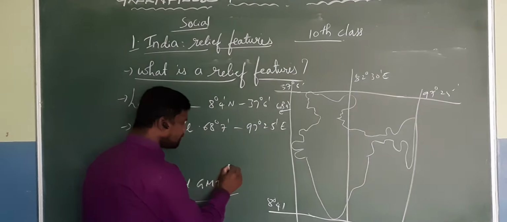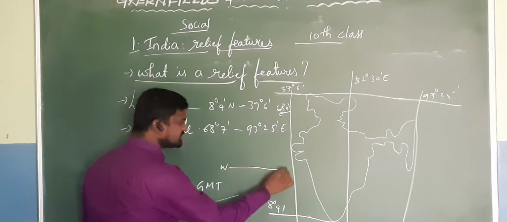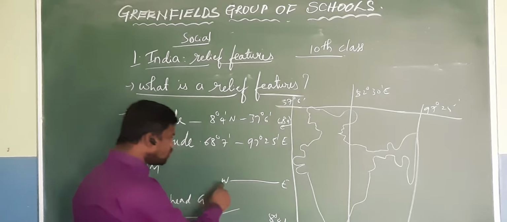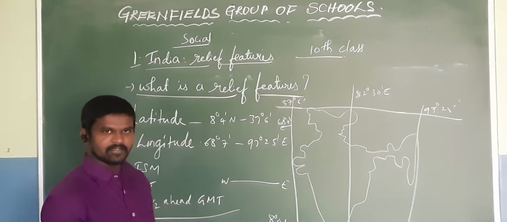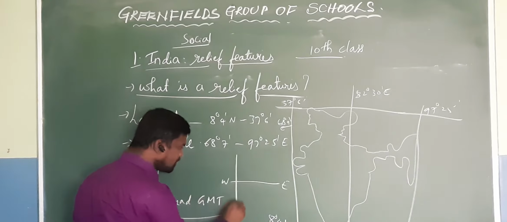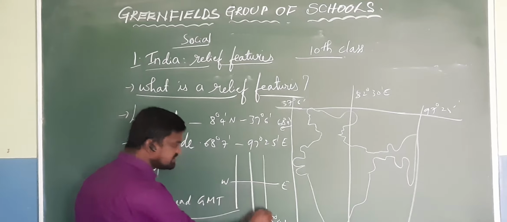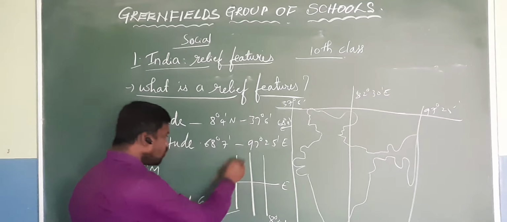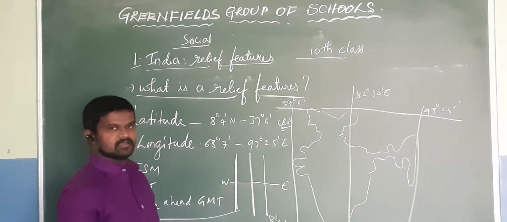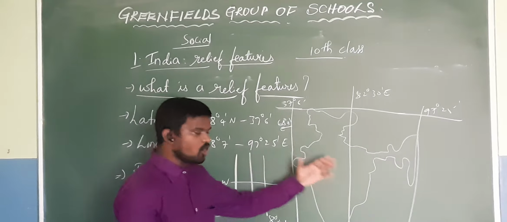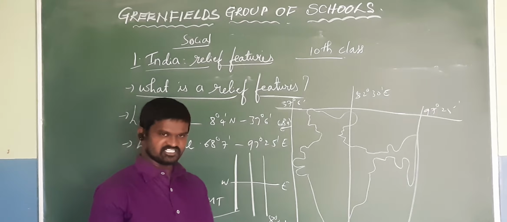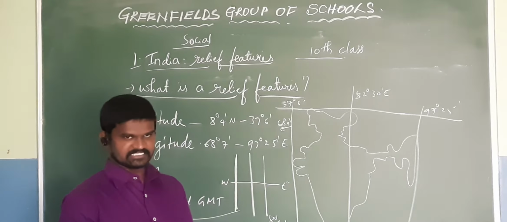The lines which pass from west to east are called latitudes; they are horizontal. The lines which pass from north to south are called longitudes; they are vertical. These latitudes and longitudes are very useful to specify a place or region.